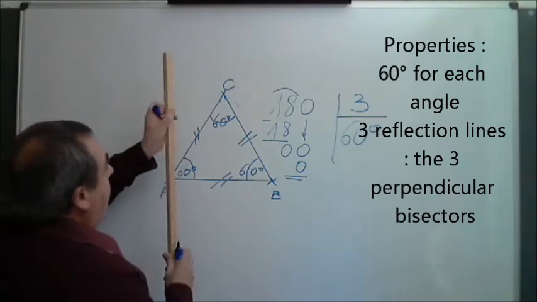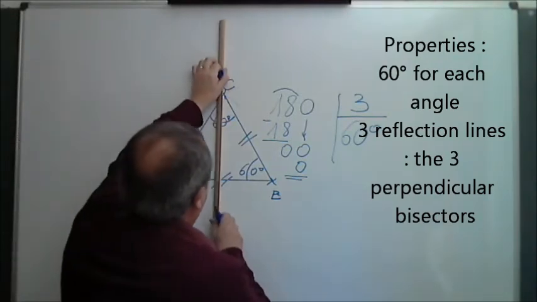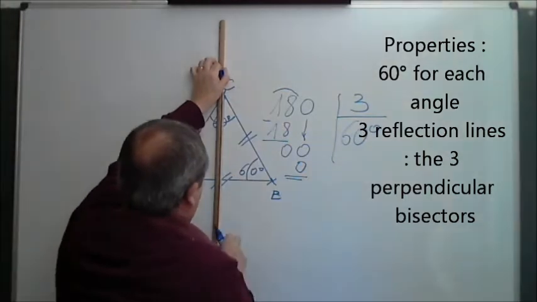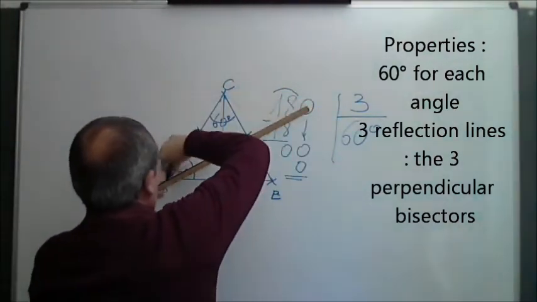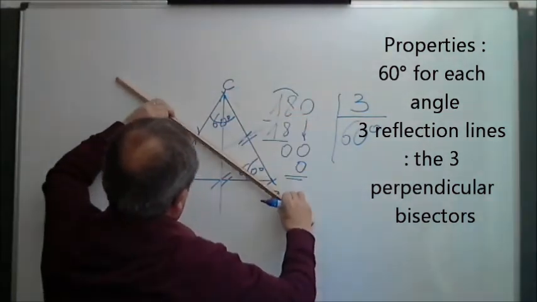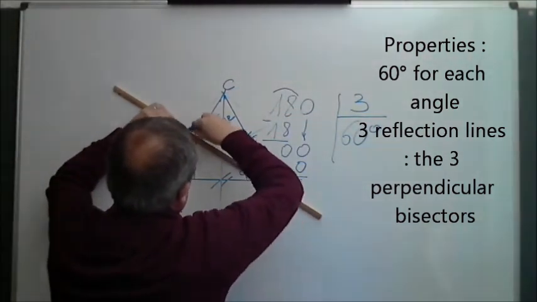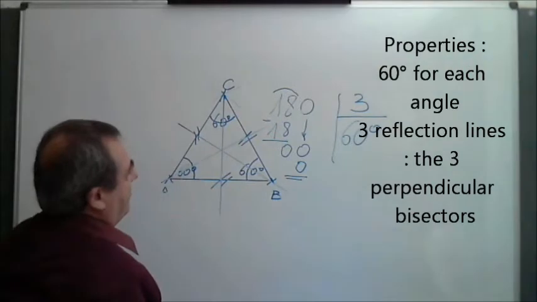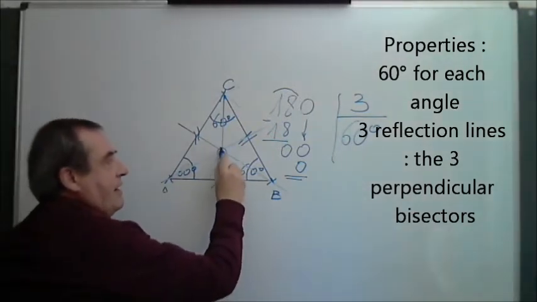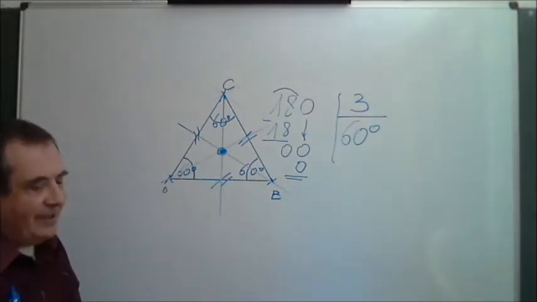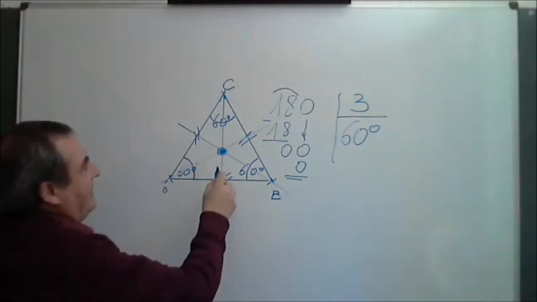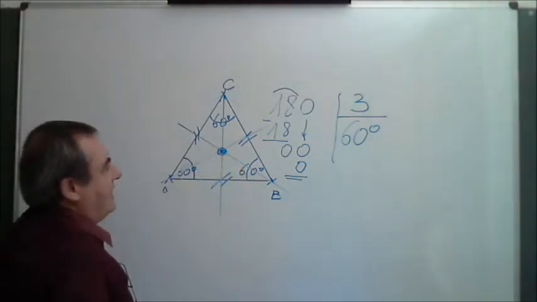So we find 3 reflection lines, 1, 2, and 3. You can observe that the 3 reflection lines all meet at the same point, but we'll see this next year.